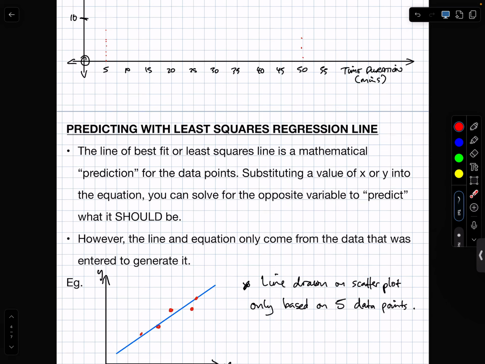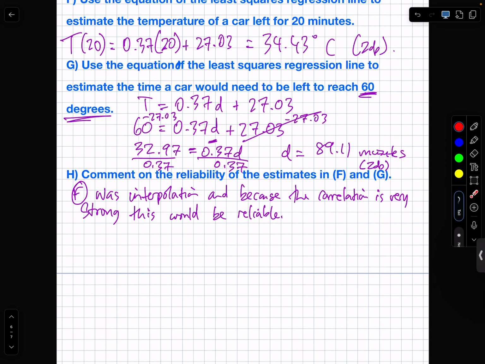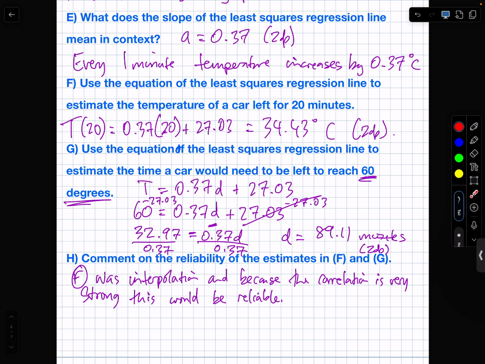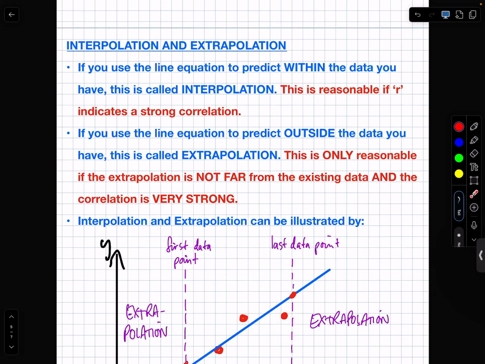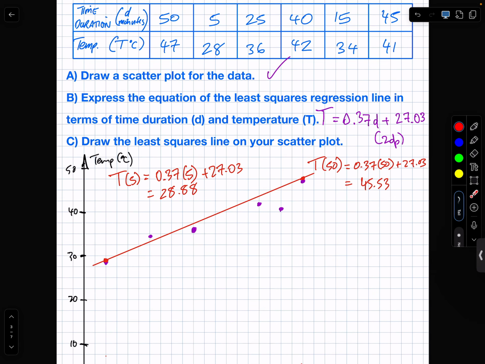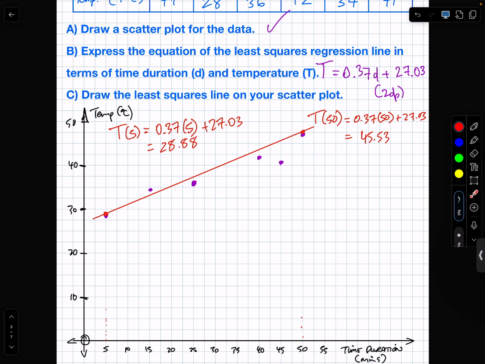But then the last one, G, is predicting what happens at 89.11 minutes. Do we have any data anywhere near 89 minutes? That would be way out here somewhere. Even though this relationship is very strong, do we have any supporting information to suggest that that line's going to continue going straight up? No. Because what happens in real life? It's going to flatten out to the temperature outside. We don't know that.